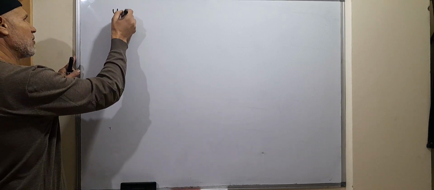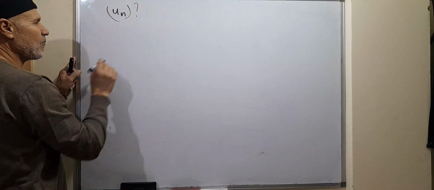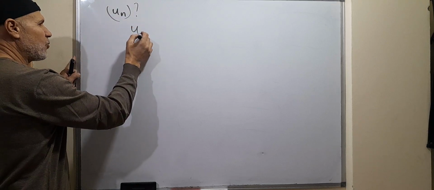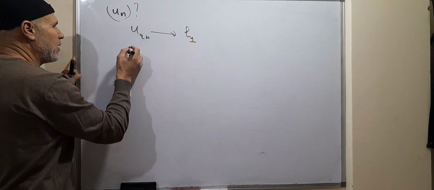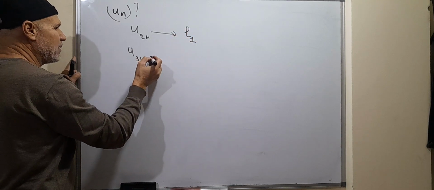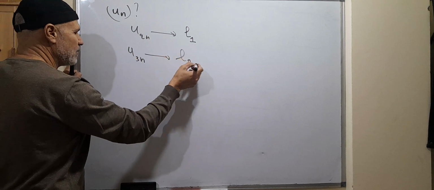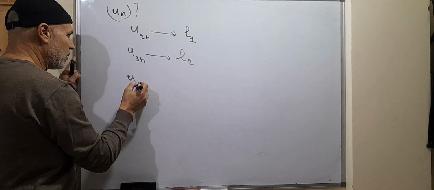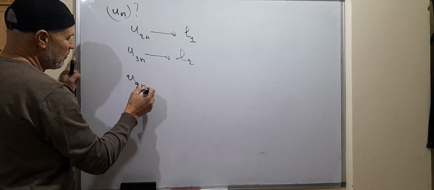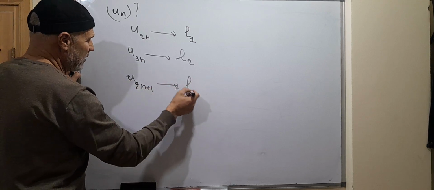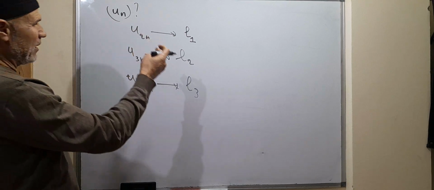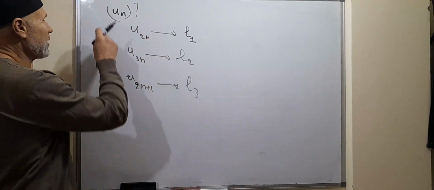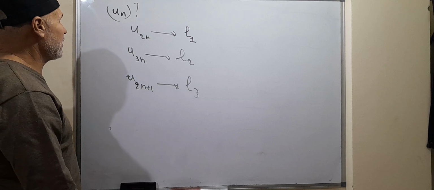Suppose that we have a sequence such that u_{2n} converges to L1, u_{3n} converges to L2, and u_{2n+1} converges to L3. What can we say about L1, L2, and L3, and what can we say about the convergence of u_n?